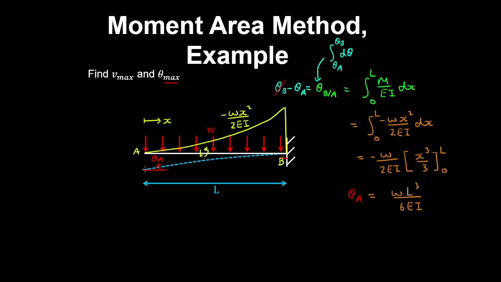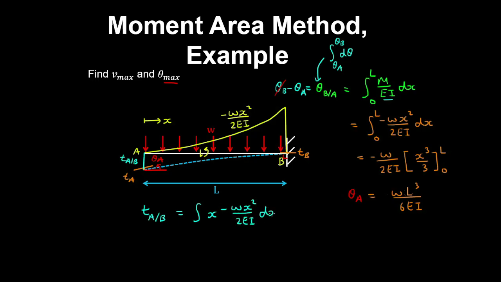Now to obtain the maximum deflection, we want the distance between the tangent at A and the tangent at B. So we're looking for the tangent at A relative to B, which is this distance over here, is equal to the integral of x by M on EI, which is the curvature. So that was minus wx squared on 2EI.